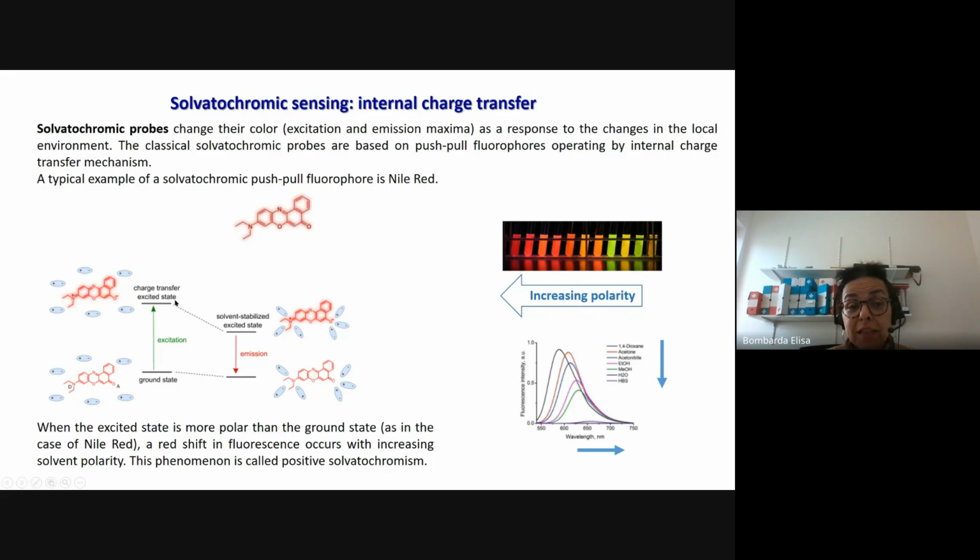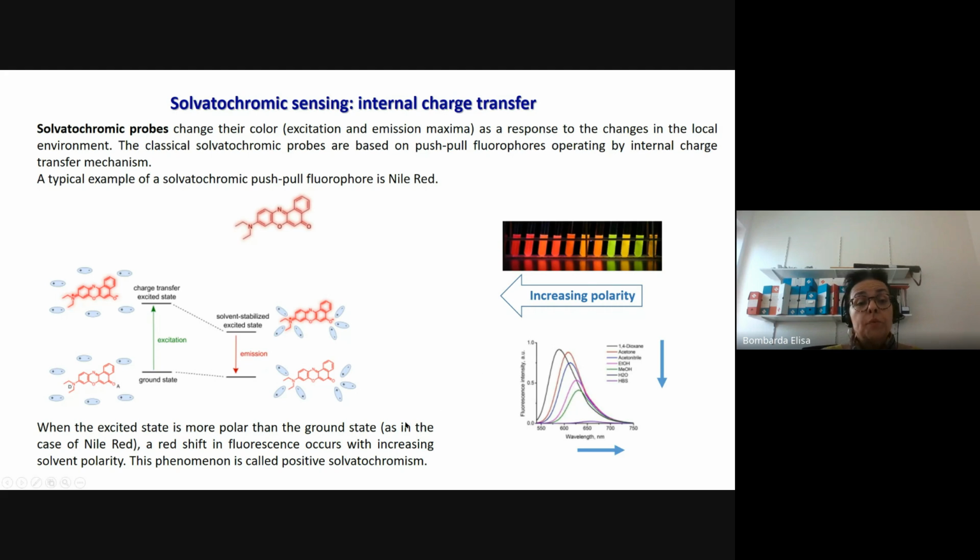The solvent needs to rearrange around the probe, and this relaxation has as a consequence a shift of the wavelength towards red color.